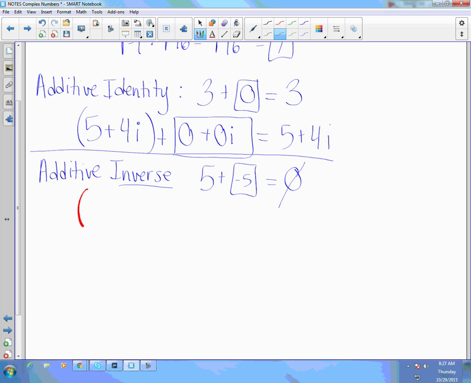If I have -3 minus 2i plus the additive inverse, the inverses should cancel each other out. So what is the complex additive inverse?